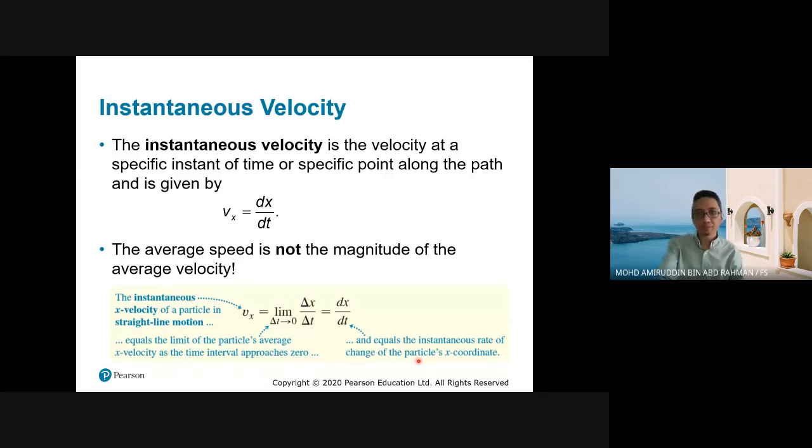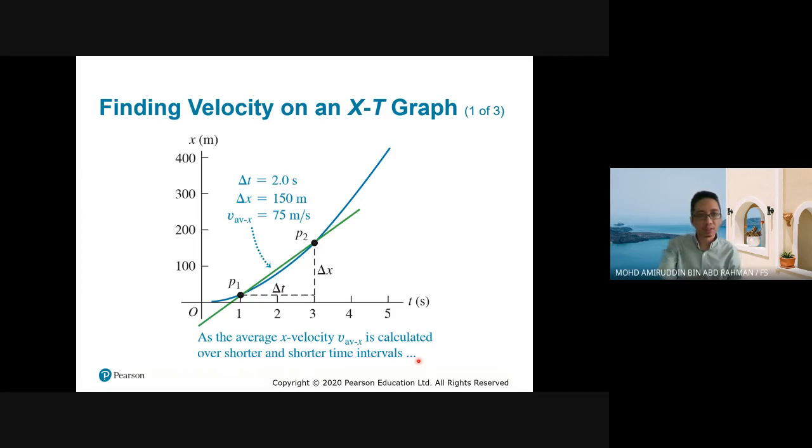Basically when you look at the graph, the instantaneous velocity can also be found similarly to the average velocity, but we are looking at the specific time. As I gave you the example before, let's say now we have our T2 and P2. Before this, P2 was longer, at T5, but now we just stop at 3.